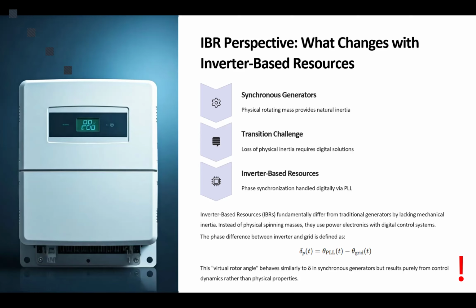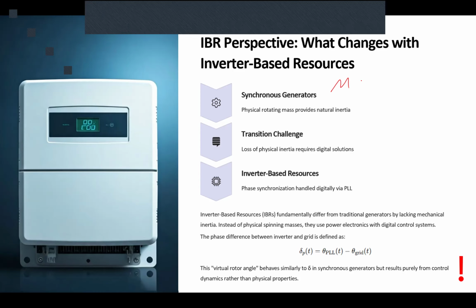The delta that the rotor has in a rotary machine depends on the difference between mechanical power and electrical power. Now let's put the equivalent to those parameters. That equation was M d squared delta over dt squared equals P mechanical minus Pe.